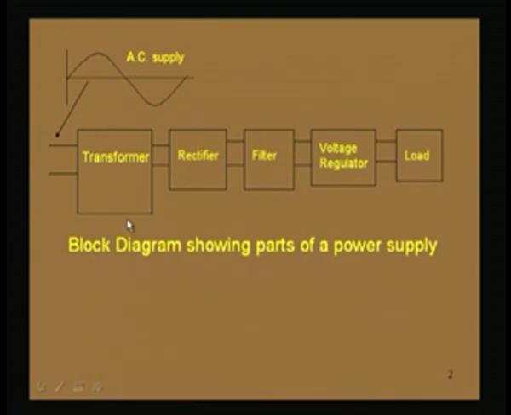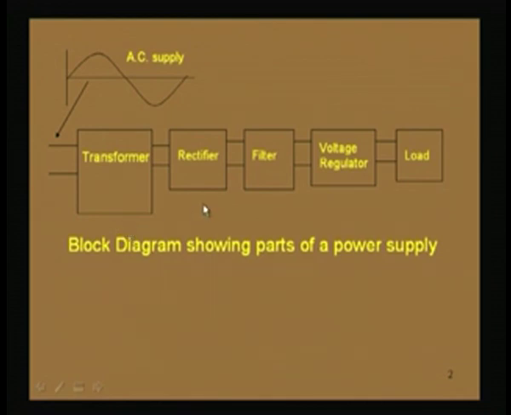The transformer brings the level of this AC input to the desired level by transforming it. So, voltage transformation is done. We can step up or step down the voltage by adjusting the turns ratio in the transformer.